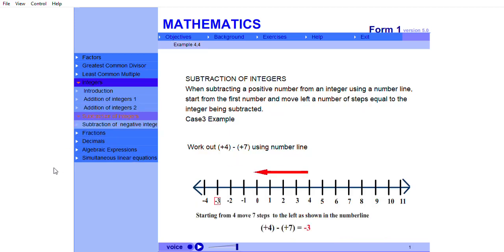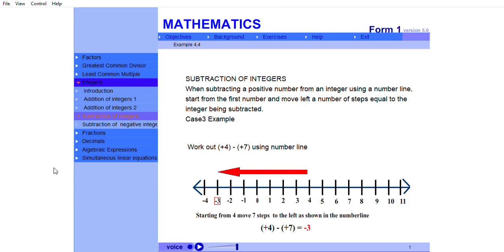Subtraction of integers. When subtracting a positive number from an integer using a number line, start from the first number and move left a number of steps equal to the integer being subtracted. Case 3.